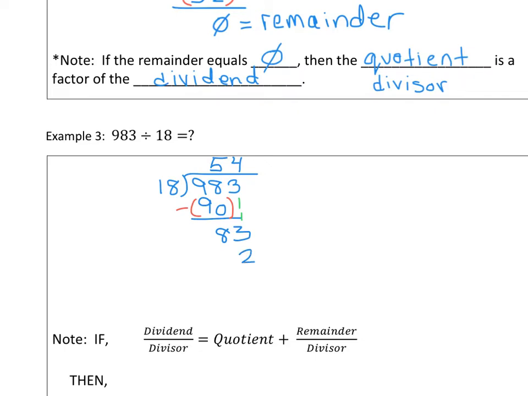Add the 3 and we get 72. And we're going to subtract that from 83. And I get 11 left. And 11 equals our remainder because we cannot divide 11 by 18.